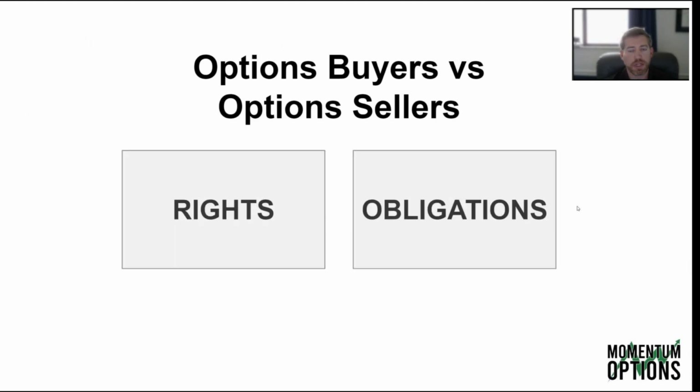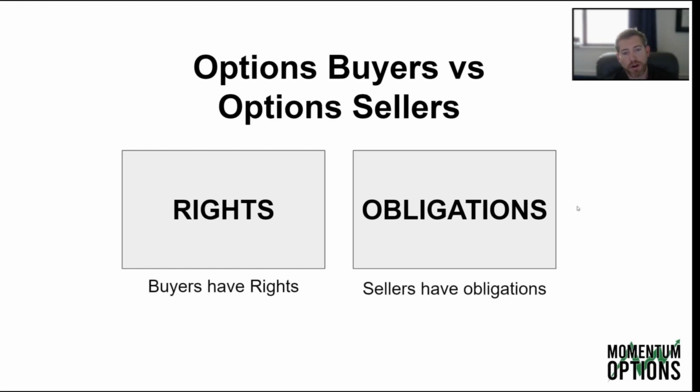Now, we also need to talk about the buyers of options versus the sellers, because buyers have rights, but the option seller has obligations. It doesn't matter as an option seller if the option has lost the seller a whole lot of money. If, say, you sold a $500 call and price goes to 550, it doesn't matter that price is at 550.